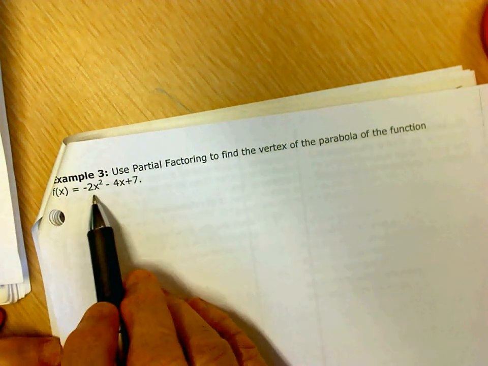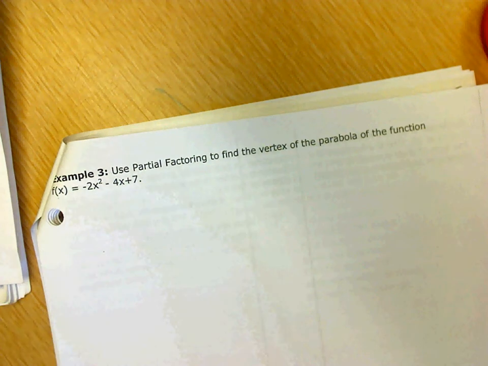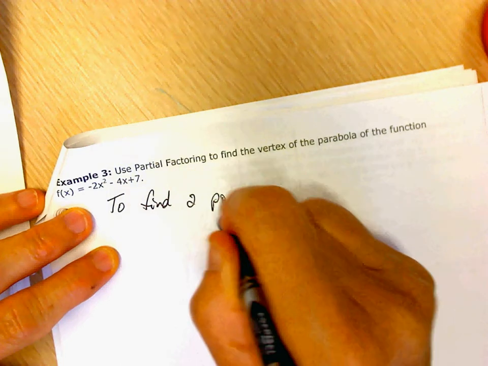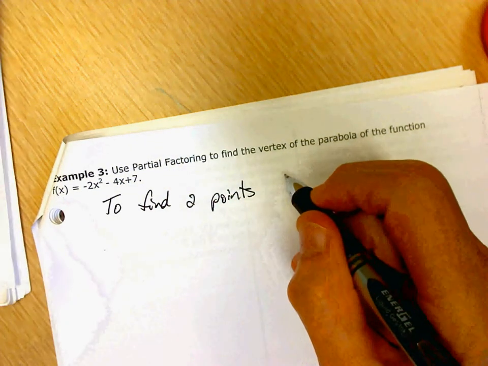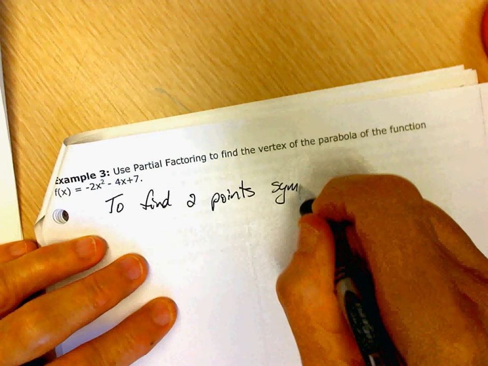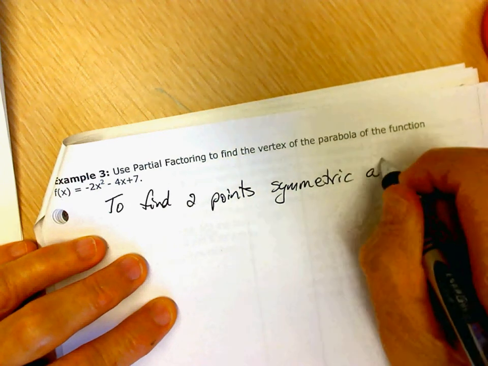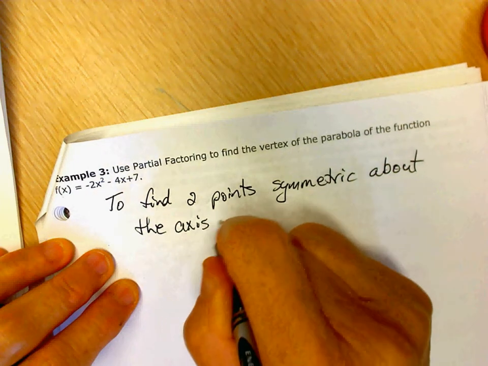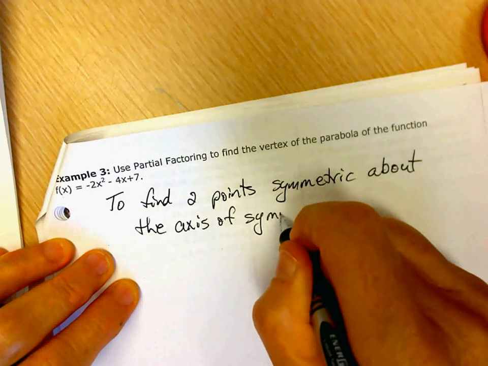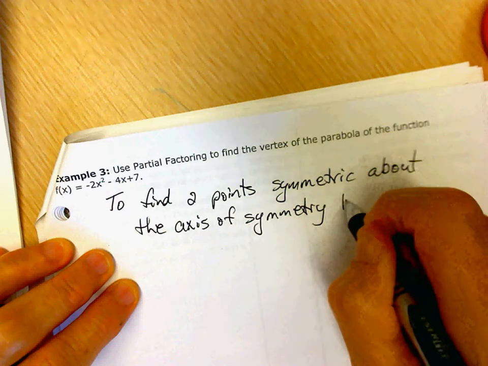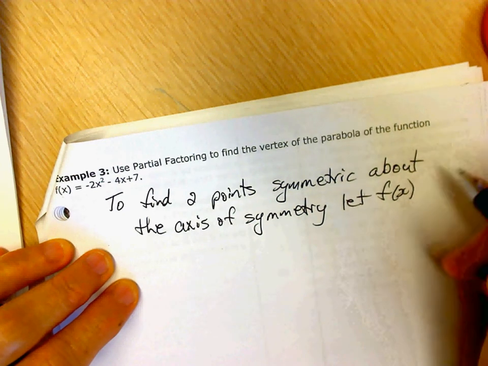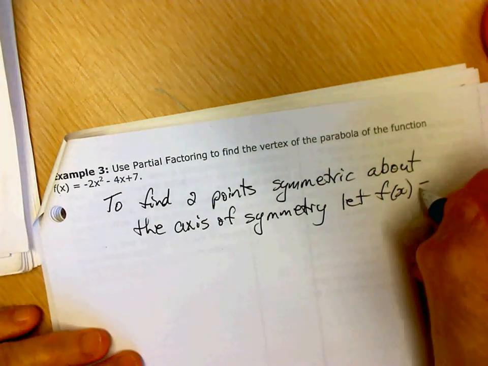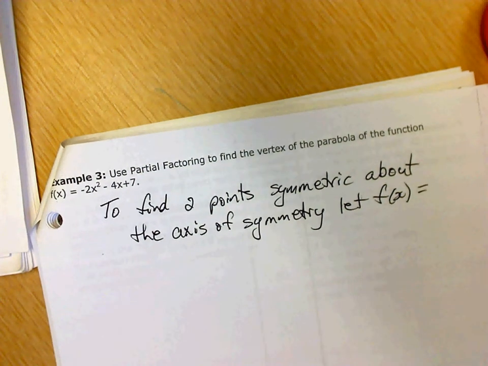So to find 2 points symmetric about the axis of symmetry, let f of x equal what? What should I let f of x equal? 7, right? You pick 7.